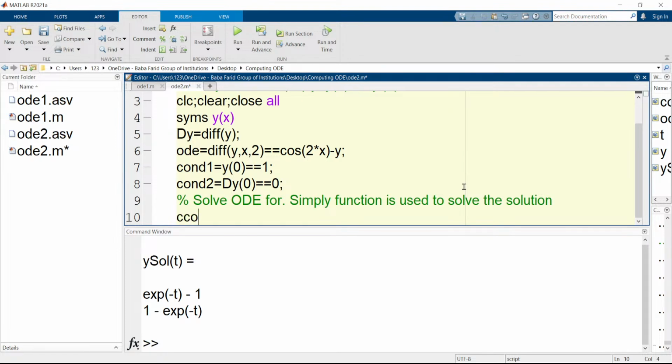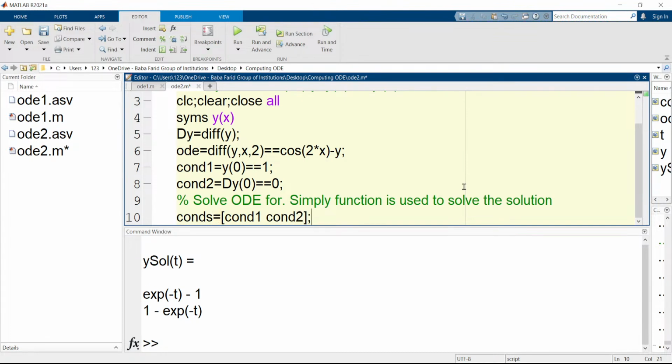So first we need the conditions. We need to store the conditions in one assignment in this way. This is the condition 1. Okay. Space condition 2. This is the condition 2 and suppress it.